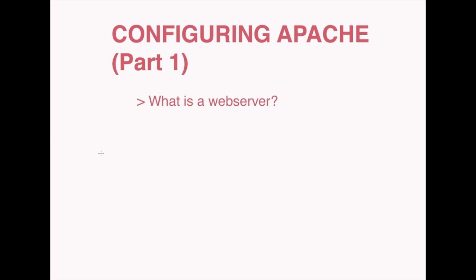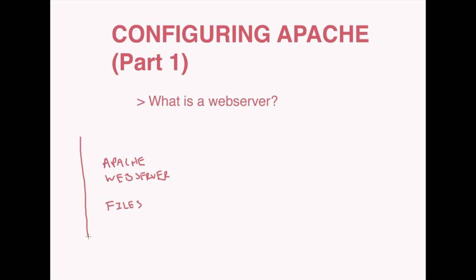I'm going to go ahead and draw some pictures. Here we have an Apache web server. And then we are going to have some files right here that are loaded onto our web server.